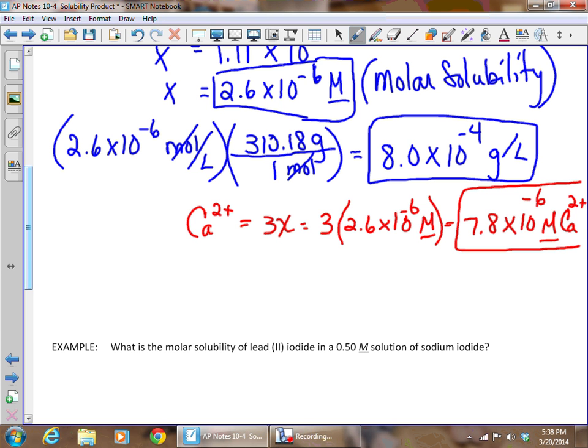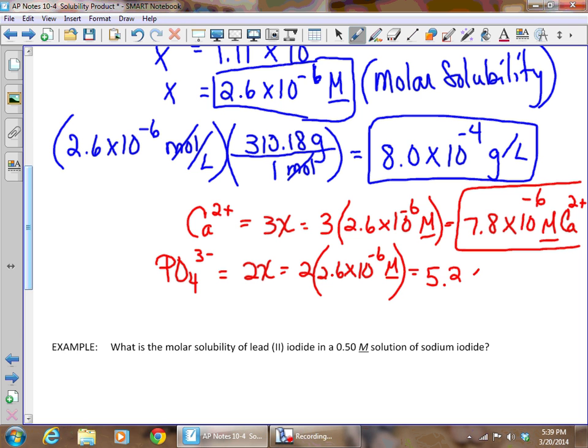For our phosphate ion, recall that it was given the relationship of 2x in our ICE equation. Multiplying that times our molar solubility gives us a value of 5.2 times 10 to the minus 6 molar for our phosphate ion. And that concludes this problem.